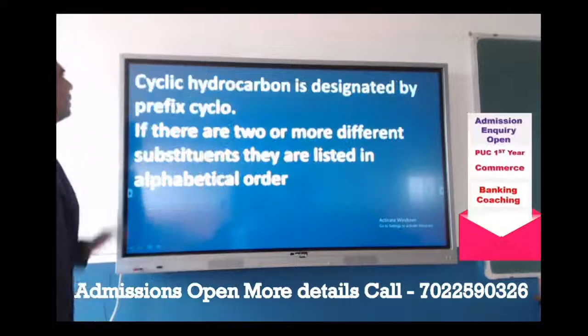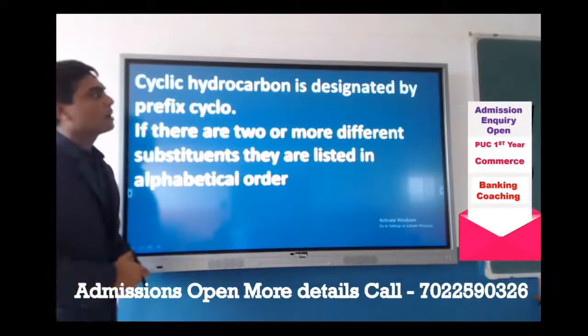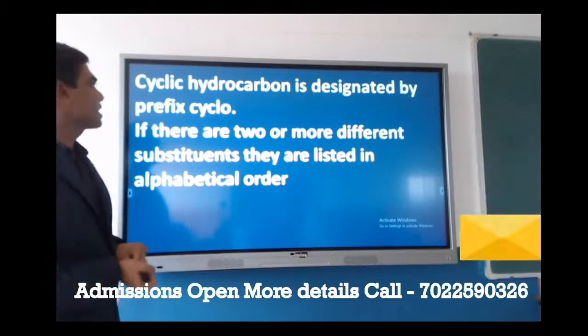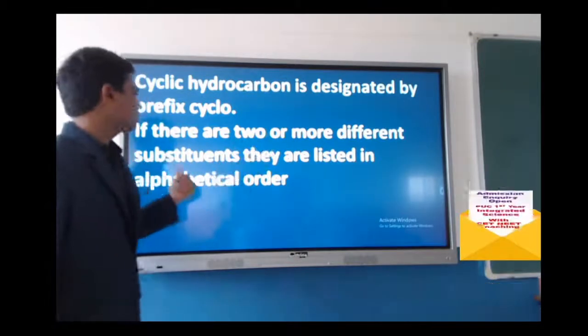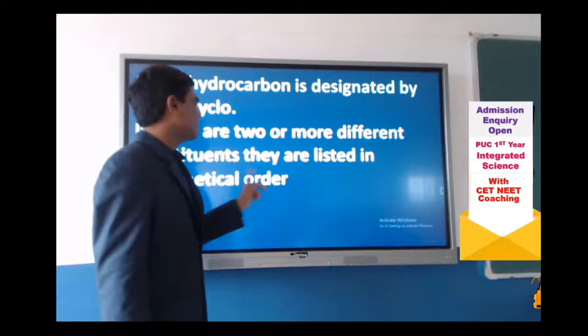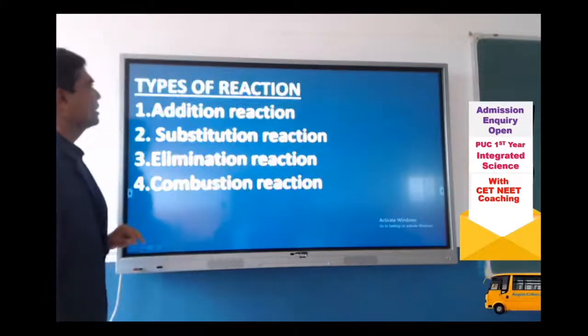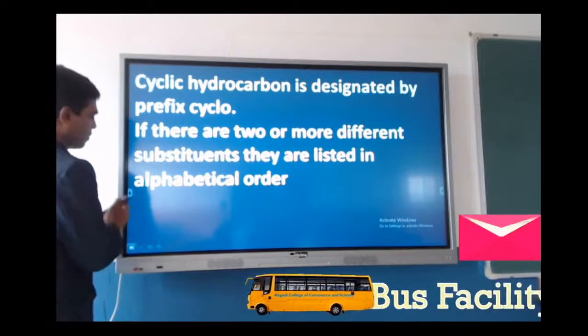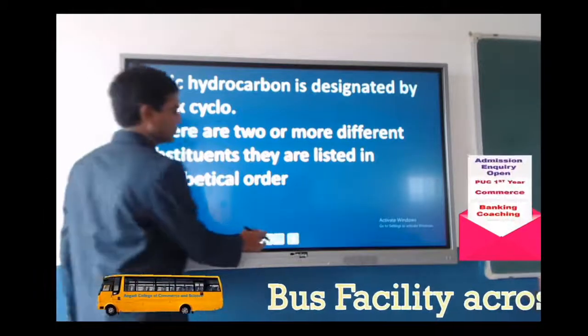Next point. If cyclic hydrocarbons are present, then you have to use the prefix called cyclo. If there are two or more different substituents, they are listed in alphabetical order. So I will take two types of examples where you can learn what we mean by cyclo compounds.